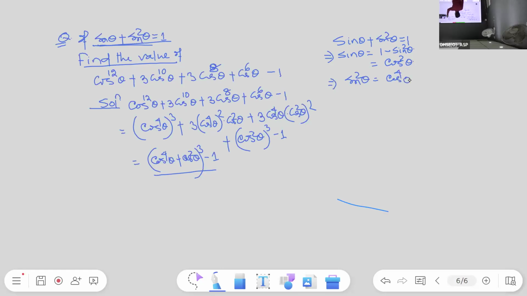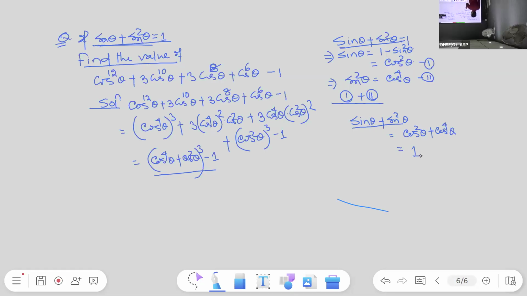Now let us add these two equations, equation 1 plus equation 2. It will give sin theta plus sin square theta equals cos square theta plus cos to the power 4 theta. Sin theta plus sin square theta is equal to 1, it is given. So cos square theta plus cos to the power 4 theta is equal to 1.